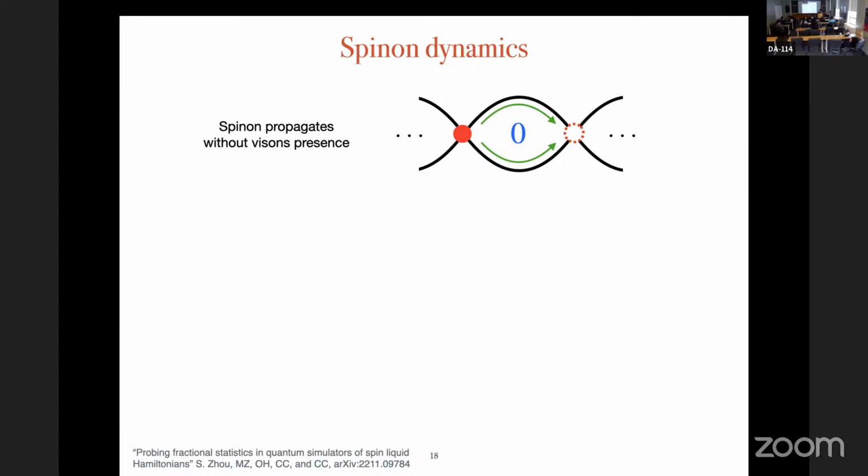Imagine we have a Z2 ladder, and we initialize a single spinon on the ladder. The spinon can propagate freely along this ladder when there is no presence of vison.